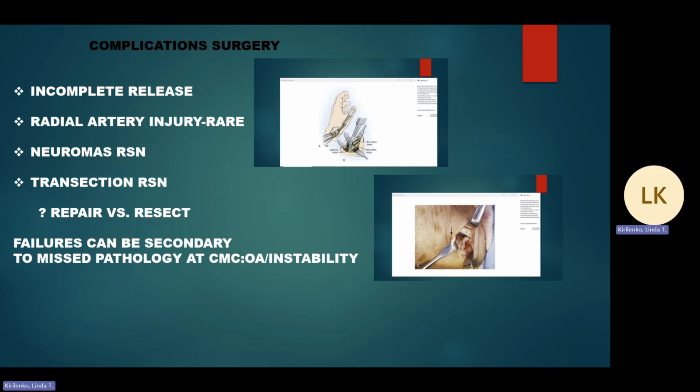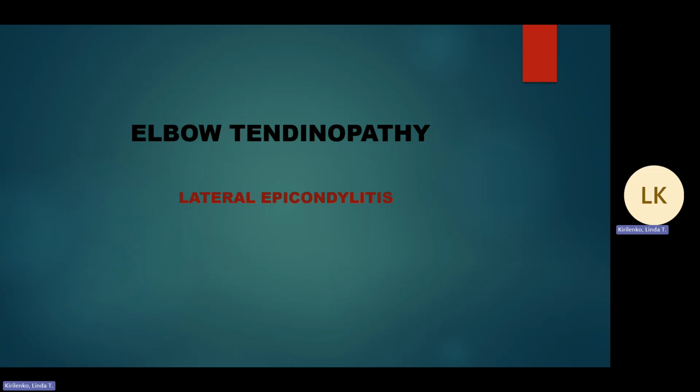There used to be some controversy about whether it was better to repair or resect, and I think the jury at this point is in, and microsurgical repair of the nerve is the preferred management. Failures can be secondary to inappropriate diagnosis where the pathology is really at the CMC joint, where you can have either arthrosis or instability.